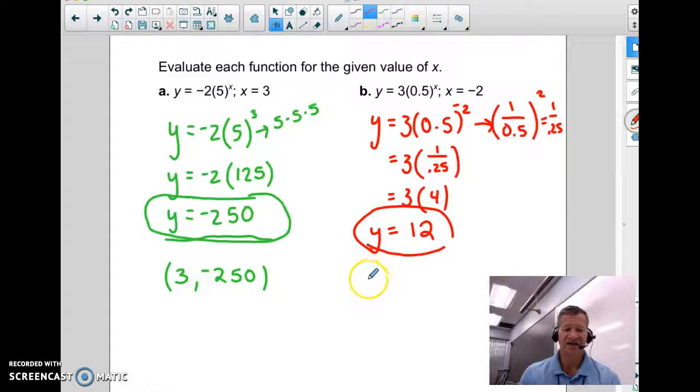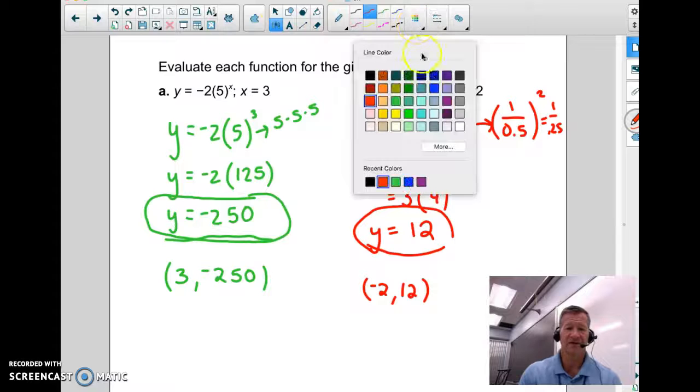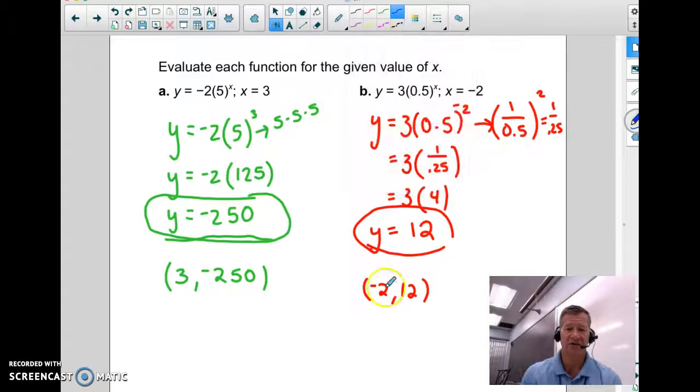It means that the graph in this case would have a point where the x value is -2 and the y value is 12. Another way you could have thought about that 0.5 to the second power, let me write it down here real quick, is when we had to do 0.5 to the -2, you could change this decimal to a fraction.